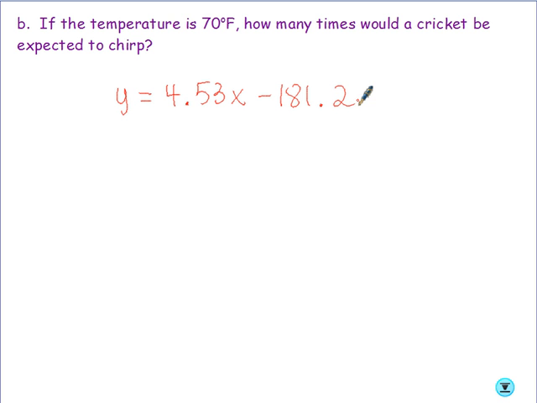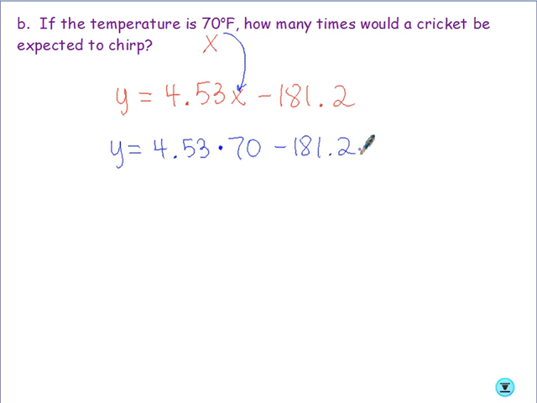Well, hopefully you remember from the previous part, temperature was x. So what we're going to do is take this number 70 and put it right there where x is. So our equation now looks like y equals 4.53 times 70 minus 181.2.